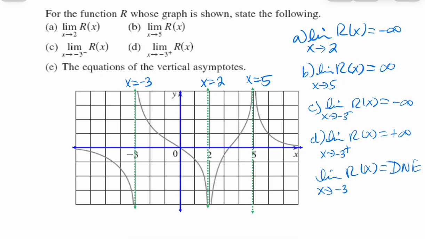So be careful with that. So that's just a little reminder of how your limits at vertical asymptotes are going to work. So as you approach a vertical asymptote, your limit will always be positive or negative infinity. It may not exist if both sides are not going a certain direction.